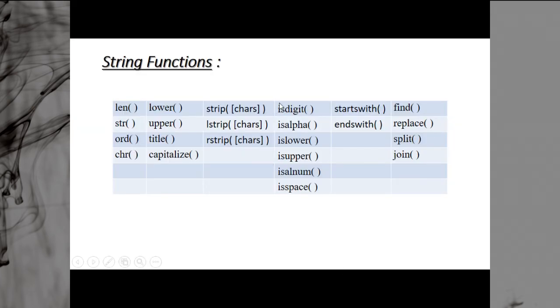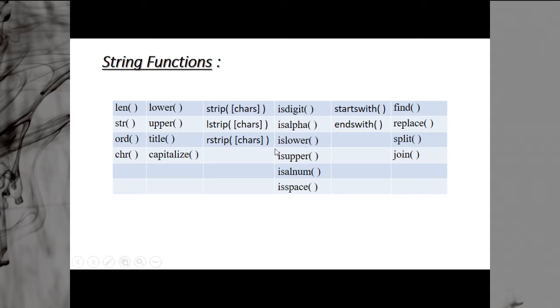Then we are having functions which are related to the Boolean operations, that is the is functions. There are lots of is functions like is digit, is alpha, is lower, is upper, is alnum, is space. Then we are having is title. Is title is also there, whether the text is in title case or not. So these functions give you either true or false. If all the characters of the string have these properties which are mentioned here, like digit, if all the characters of a string are digits, then is digit will be true.